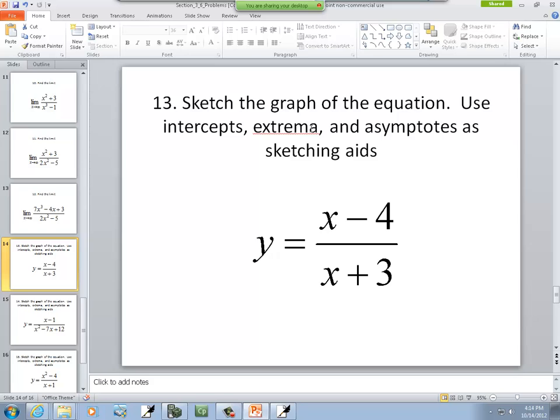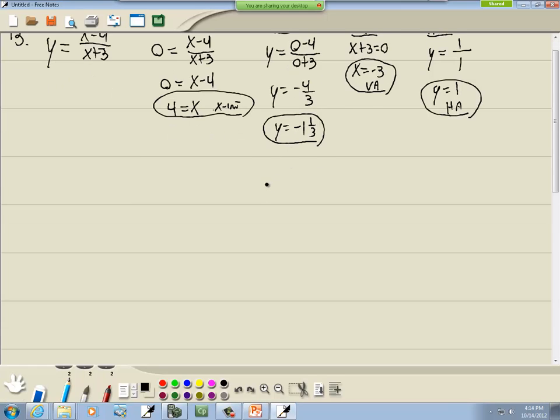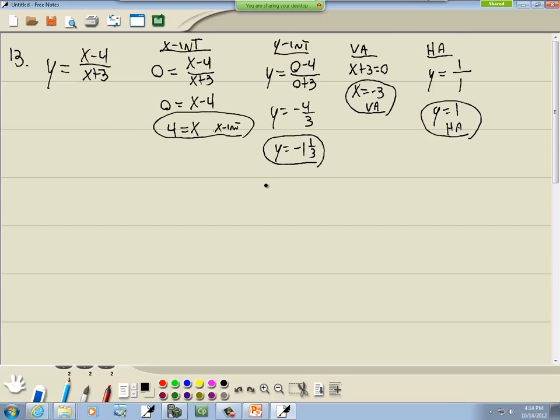Let's use extrema. Well, to find the extrema, we have to find the derivative. We got y is equal to x minus 4 over x plus 3. This will be p and this will be q, taking our derivative. P prime will be 1, q prime will be 1.